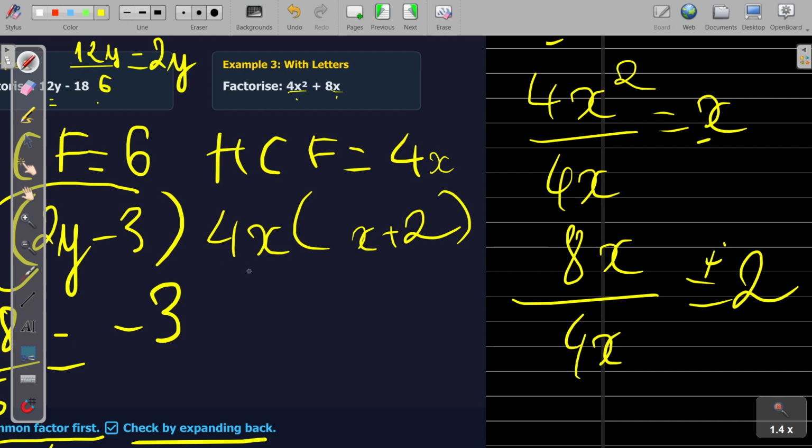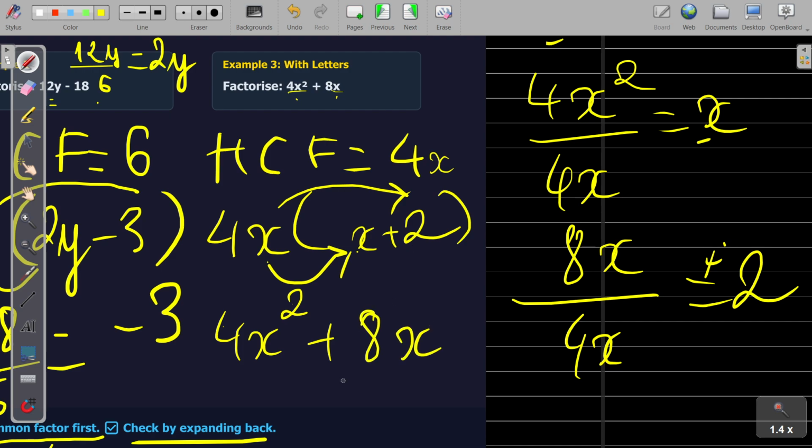And then we want to check by expanding them back. We have the arrow method here. The first arrow will give us 4x multiplied by x, which is 4x squared. The second arrow will give us 4x multiplied by 2, which is 8x. So 4x squared plus 8x.